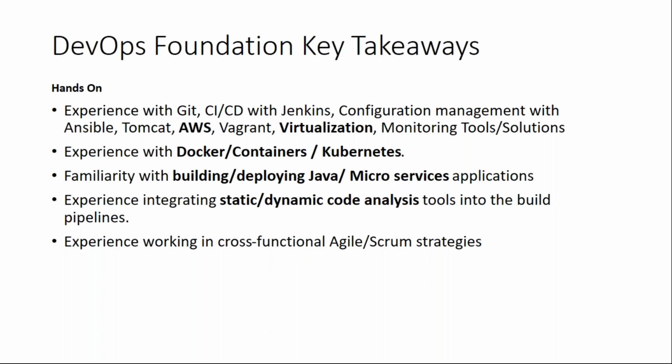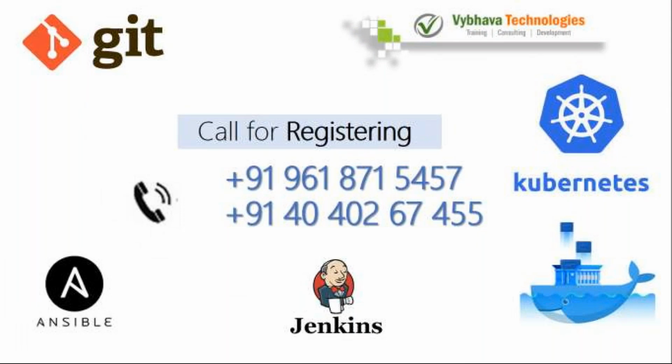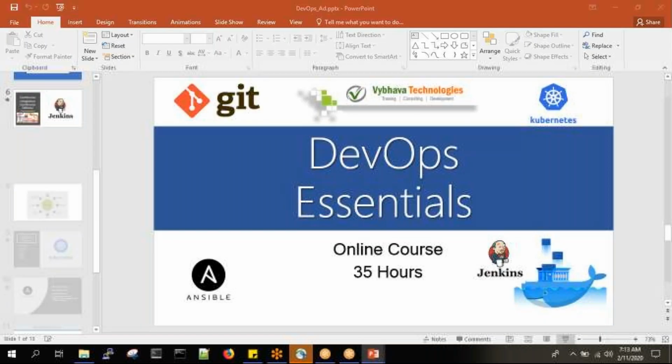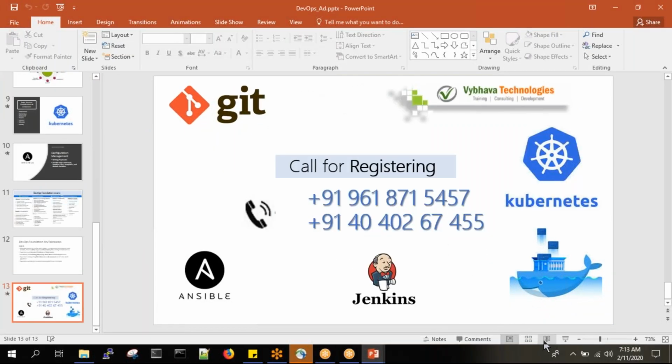We also understand cross functionality, and agile and scrum strategies, how they are going to work in projects. So overall, that is what the DevOps Foundation, DevOps Essentials course is defined as.